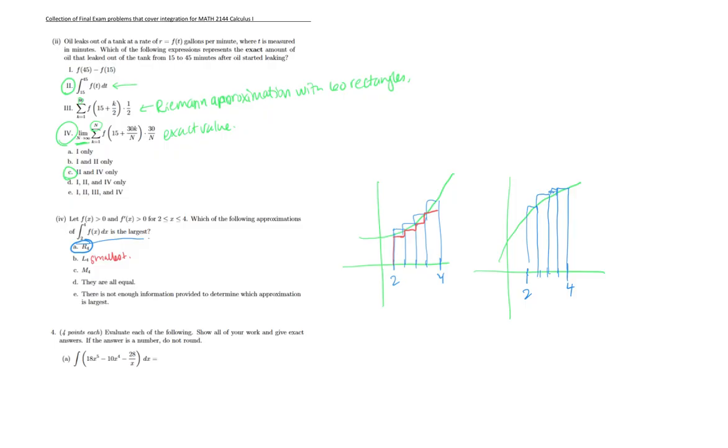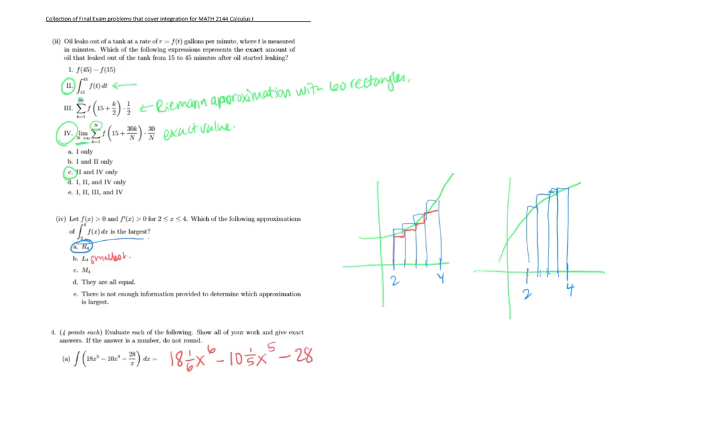For the next one, it says evaluate each of the following. So I'm just going to find an antiderivative here. So I'll get 18 times x to the 6th, and then I'll have a 1/6 in front, minus 10 times, I'll have x to the 5th and a 1/5 in front, minus, when I have 1 over x, an antiderivative of that is natural log x.